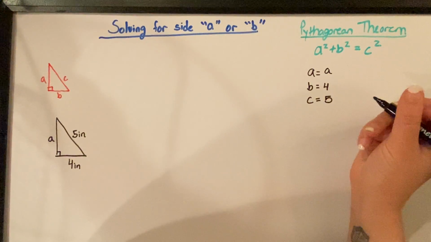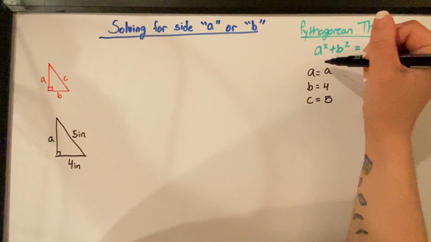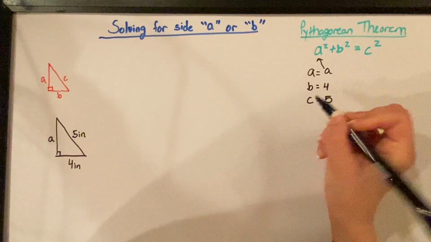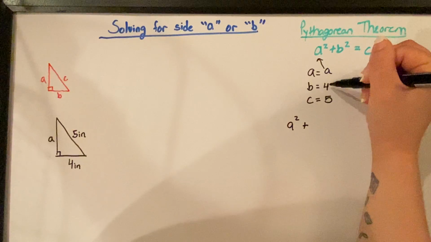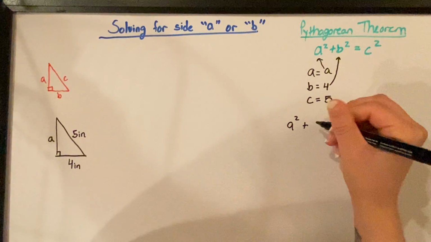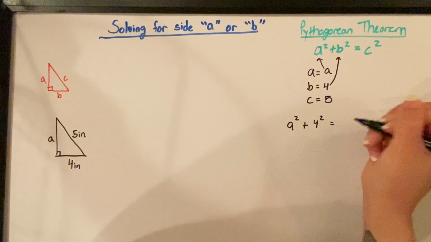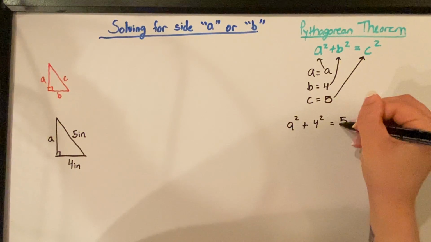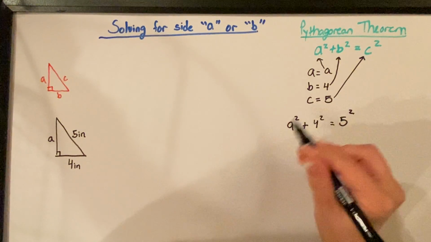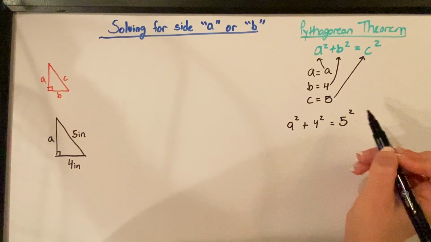All right, let's input these values into the equation. A is just A, so it's A squared plus B is 4, 4 squared, equals C is 5, so 5 squared. Now we have to clean this up. First let's get rid of the exponents.